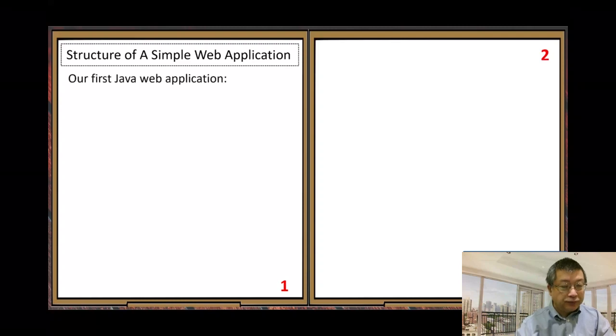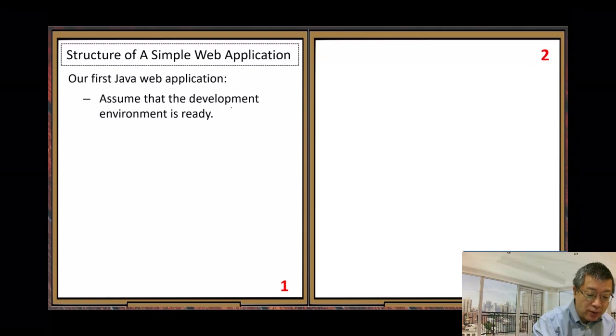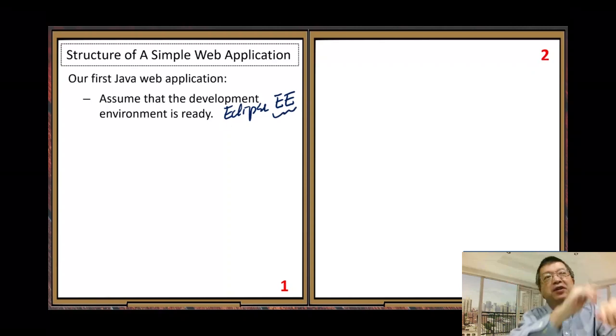All right? Our first Java web application. Here, let us assume the development and deployment environment is ready. Eclipse, the setup environment is ready. So we are talking about Eclipse EE, let me use this EE version, the Java EE perspective.